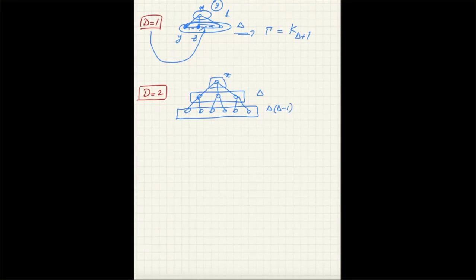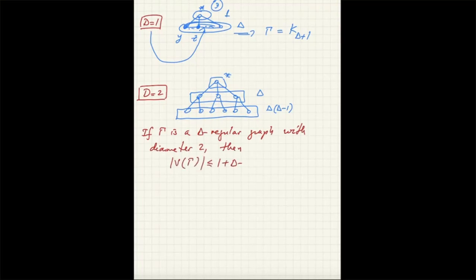If we specialize the Moore bound for diameter 2, it says that if gamma is a delta regular graph with diameter 2, then the number of vertices in gamma is less than or equal to 1 plus delta times delta minus 1, which is equal to delta squared plus 1.